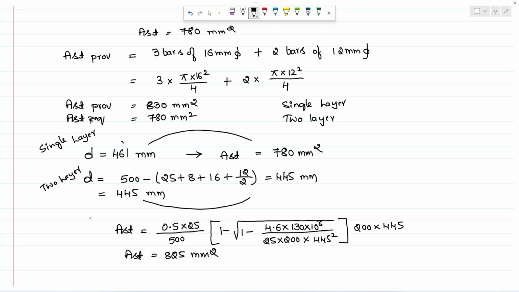So when your effective depth is 461, you need a steel of 780. When your effective depth is 445, you need a steel of 825 mm square. Okay. So my area of steel required now is 825 mm square.